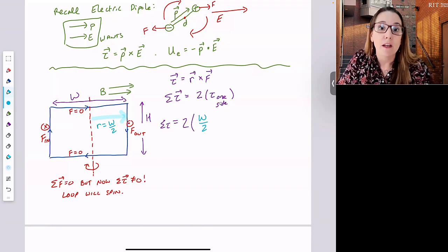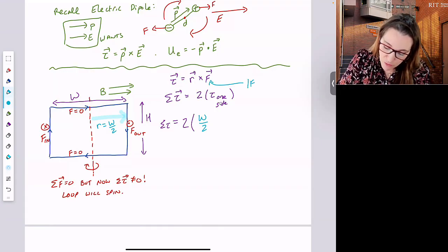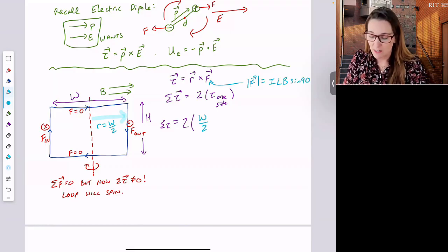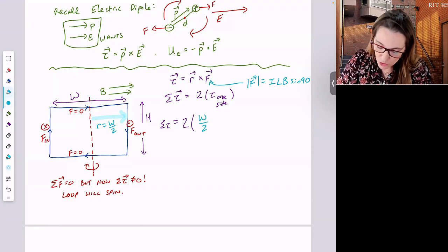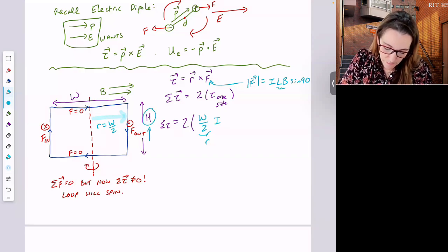And then the force is my magnetic force. And this magnetic force is simply going to be the magnitude of that magnetic force, because everything's perpendicular, ILB sine of 90. So W over 2 for my R, and then times my current, I, times my L, which is the length in the field.